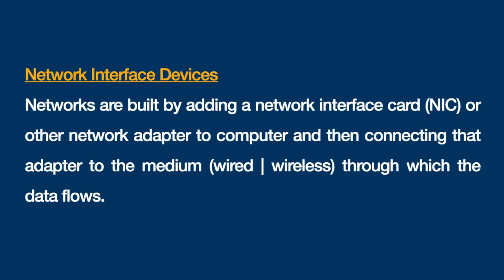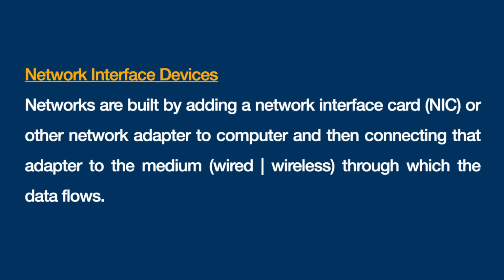We have the network interface. I want to show you that on the Cisco Packet Tracer. You see this interface, the wireless interface and the wired interface. Networks are built by adding a network interface card, NIC. I believe you've heard of that before.